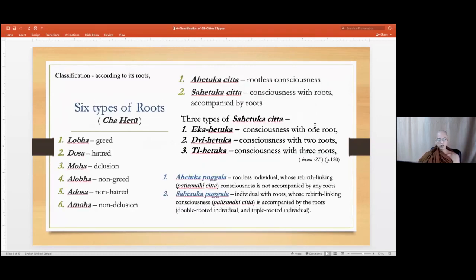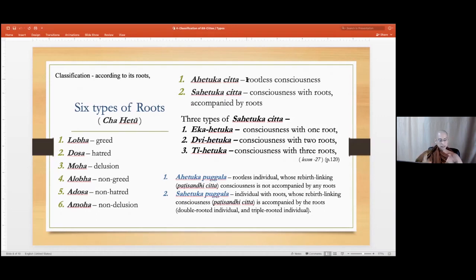Another classification I'd like to introduce is the classification according to the roots. Consciousness also has its accompanying roots. These are six types: lobha, dosa, moha, and also alobha, adosa, amoha. So these are the six types of roots. Depending on the roots, we get the name ahetuka citta.